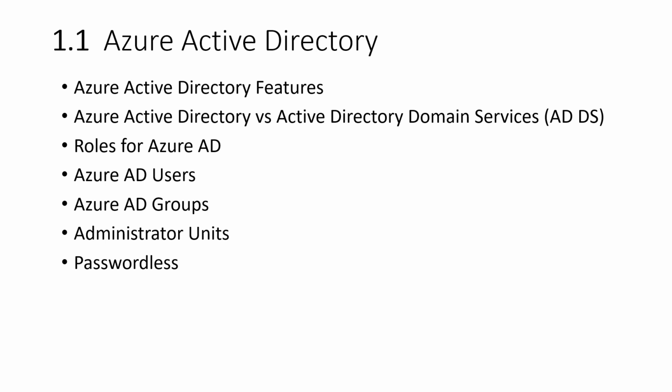But the major role is identity and access management. I hope these two things are clear: Active Directory manages identity and access on-premise, and Azure Active Directory manages identity and access in the cloud. This is a basic understanding of Active Directory and Azure Active Directory.